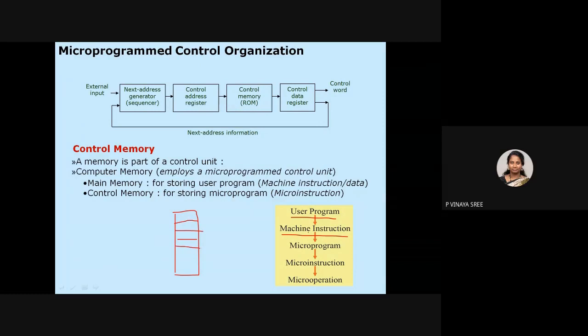Machine instructions are completely different from microinstructions. Microinstructions, if executed, generate the control signals as output. Machine instructions, if executed, generate the corresponding output the user requires.